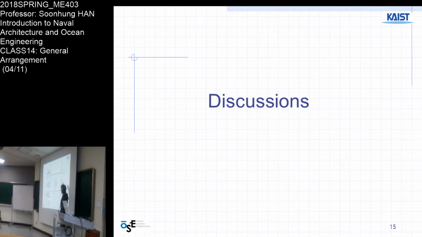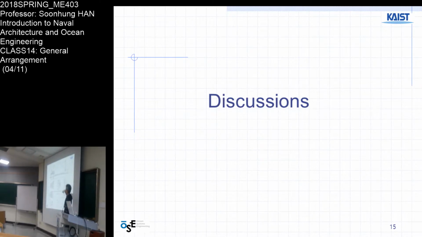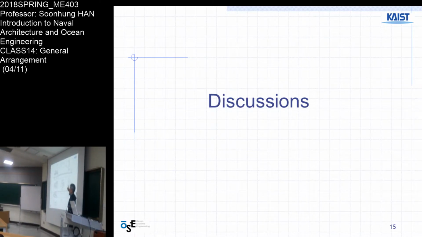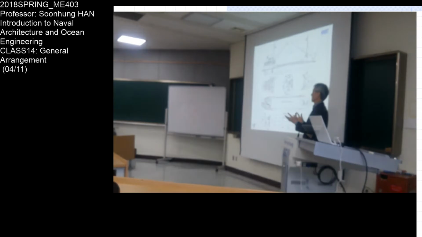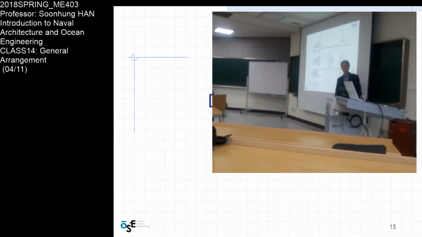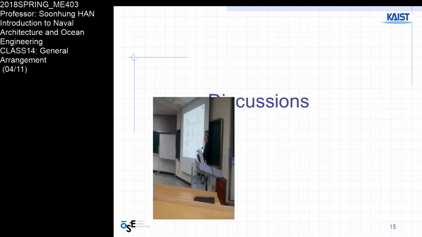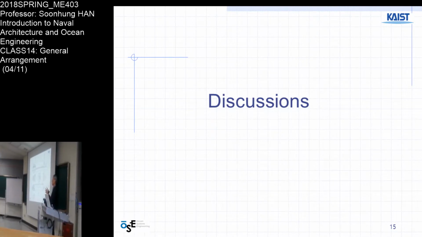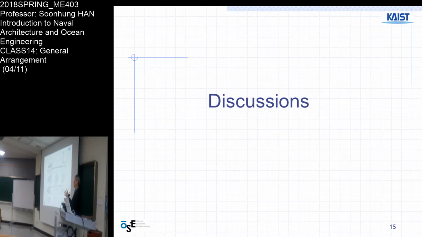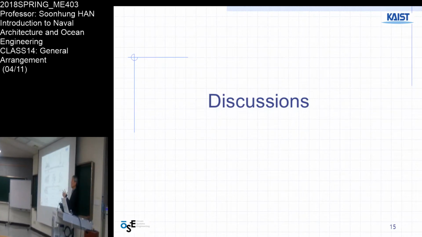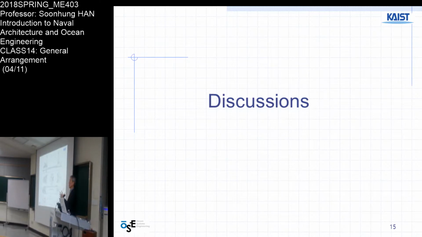In a ship interior, you should decide the functions, locations, and sizing of each area or space. That is the general arrangement. And inside out and outside in is similar to this. If you're trying to build a building in the city center of Seoul, then the price of the land is very expensive.